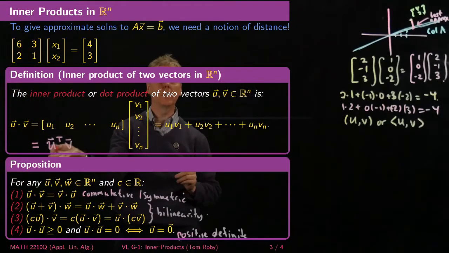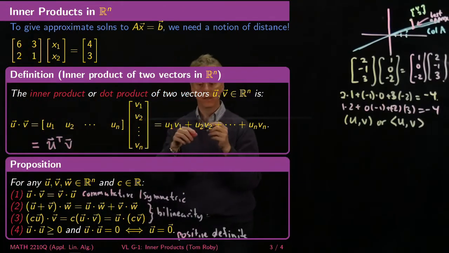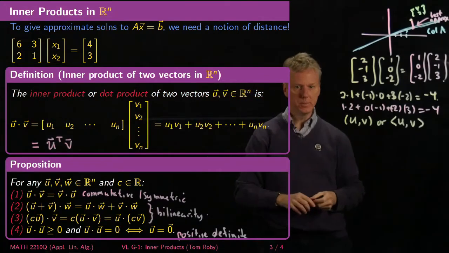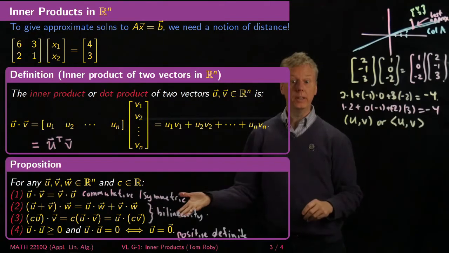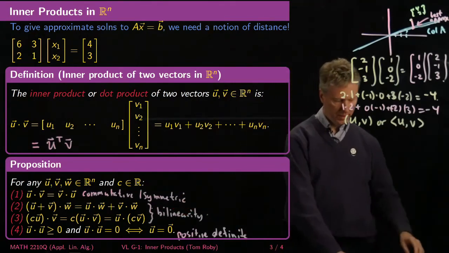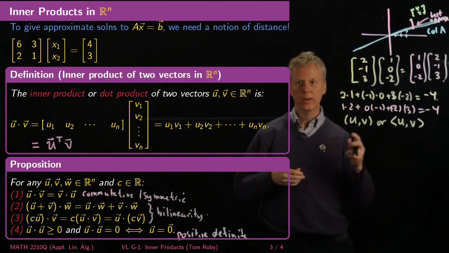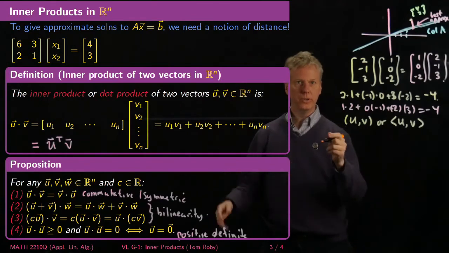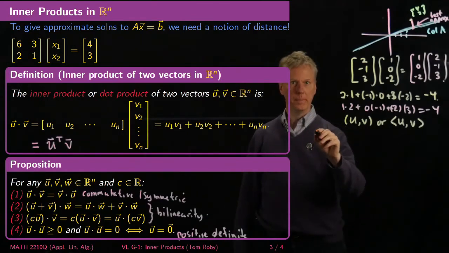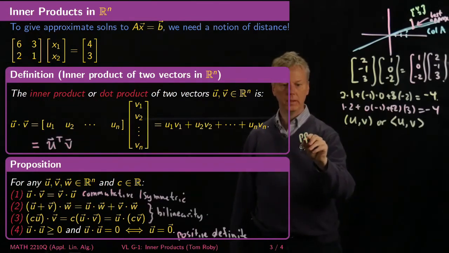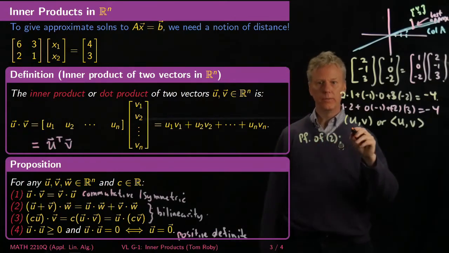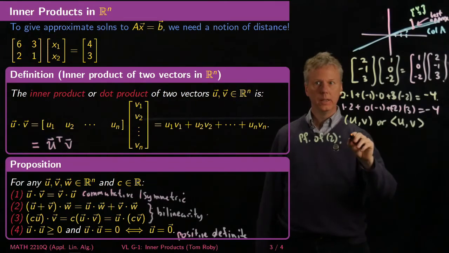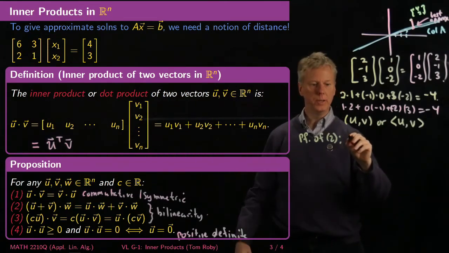I transpose it to make it a row vector if I want to think about it as matrix multiplication. And then properties 2 and 3, the bilinearity, will follow easily along the following line. So let me just show you 2. Proof of 2.